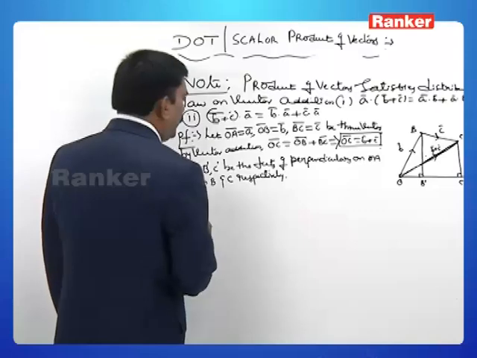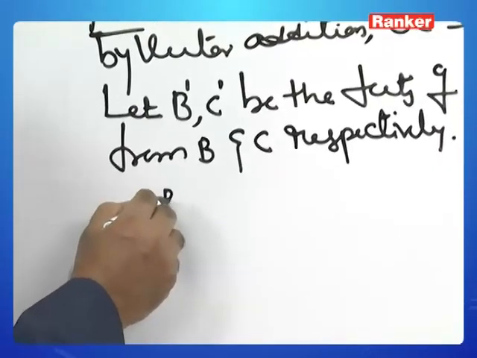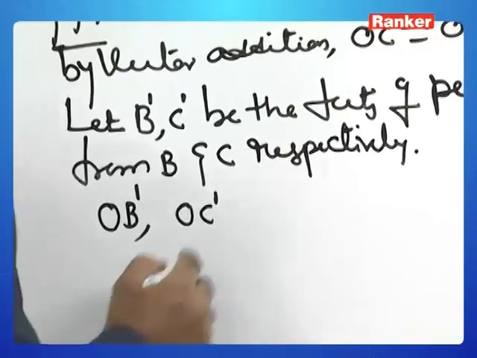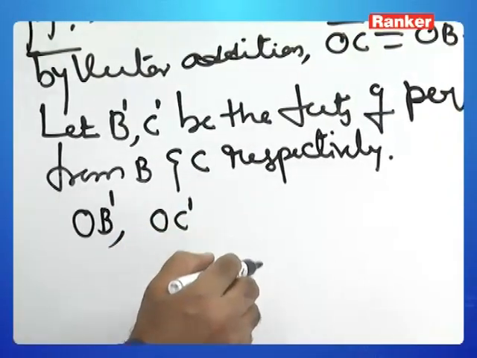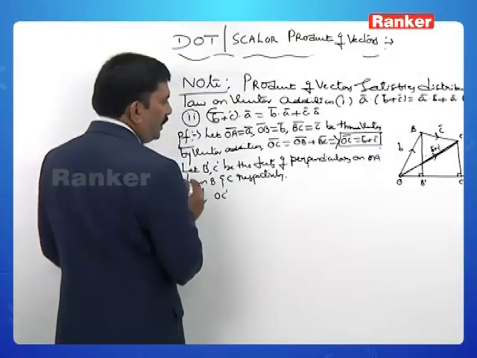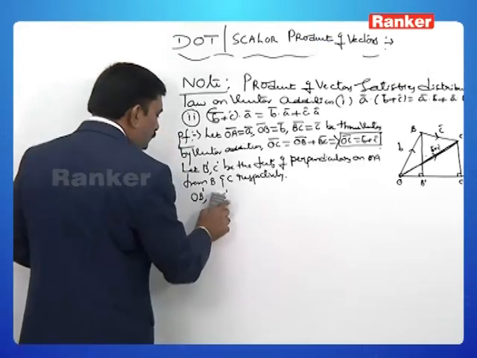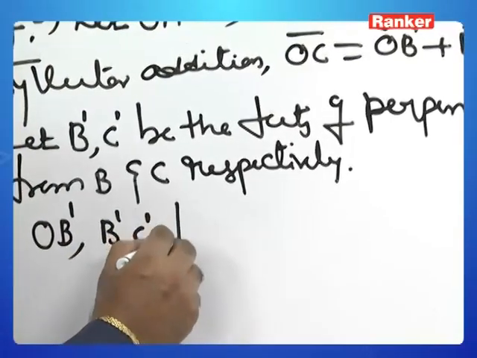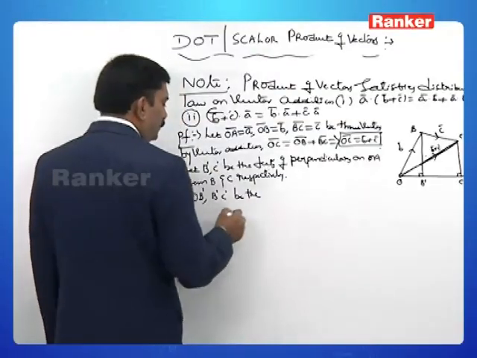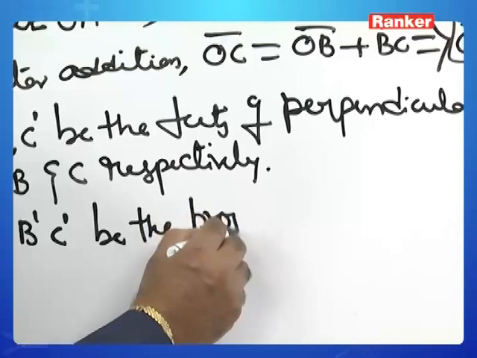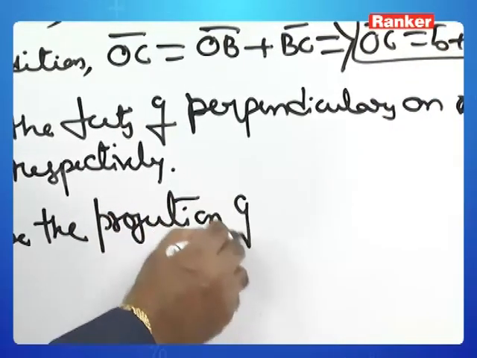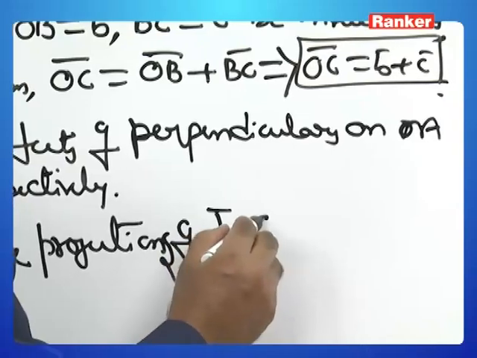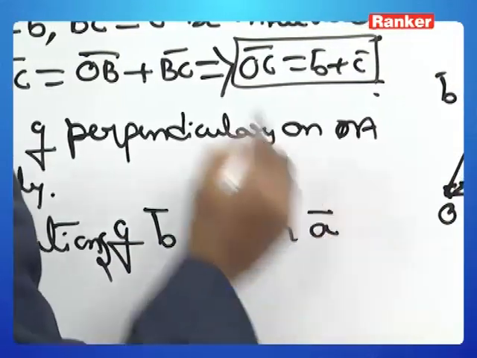Therefore, now I can write OB', B'C' and OC'. Let OB' and B'C' be the projections of B bar and C bar on A bar.